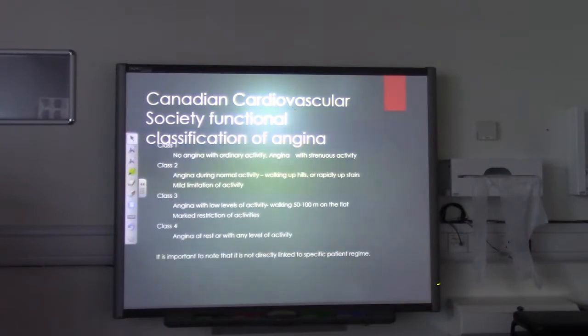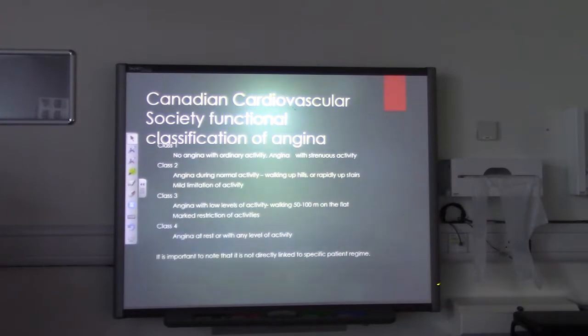The classifications are not defined to a therapy guideline for each class, but it does give medical practitioners a sense of the severity of the angina and the therapies that would be available for each one. But there's no actual direct link between class and therapy as such.